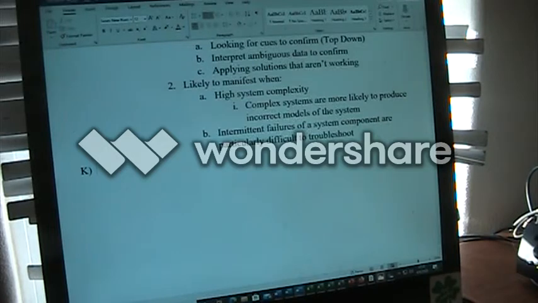troubleshooting and problem solving. Often, again, they're linked together, particularly when we're trying to find a problem in a system.